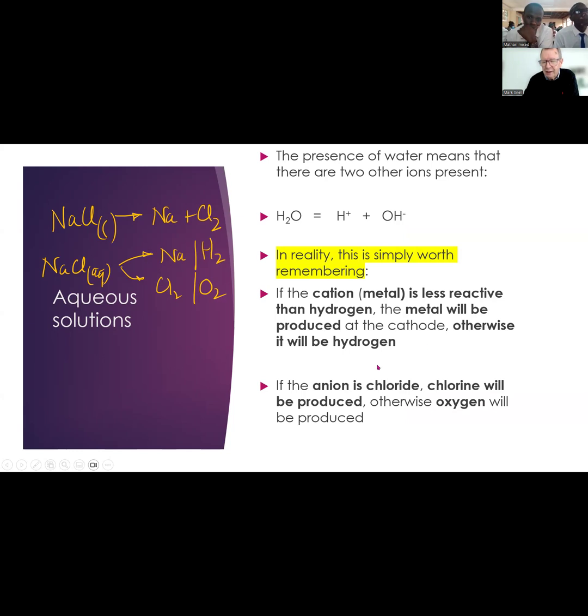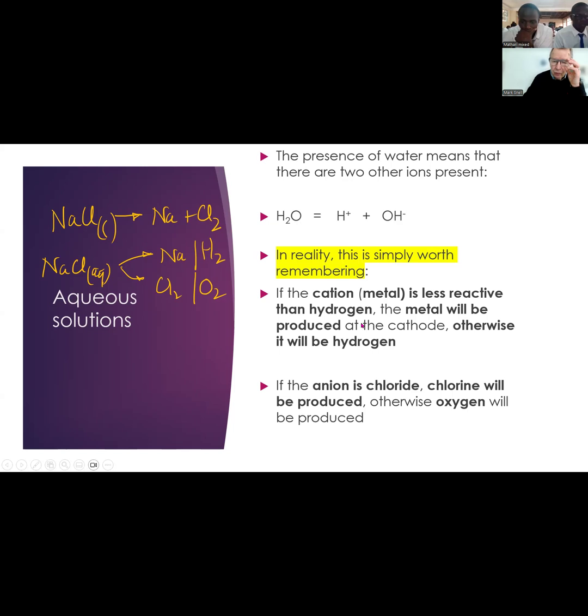For the anion, if it is a chloride, sodium chloride, copper chloride, lead chloride, whichever one it is, then it will produce chlorine. But if it is not chloride, like sulfate or nitrate or oxide, we will get oxygen. So they are rules worth remembering.